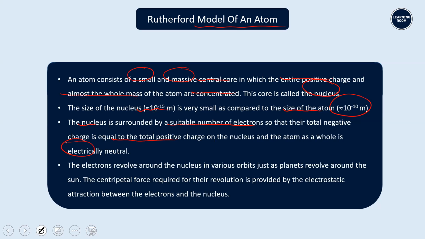An important point here is that the electrons revolve around the nucleus in various orbits just as planets revolve around the sun. The centripetal force required for the revolution is provided by the electrostatic attraction between the electrons and the nucleus. This is an important point to remember because this is the point on which the contradiction is based.